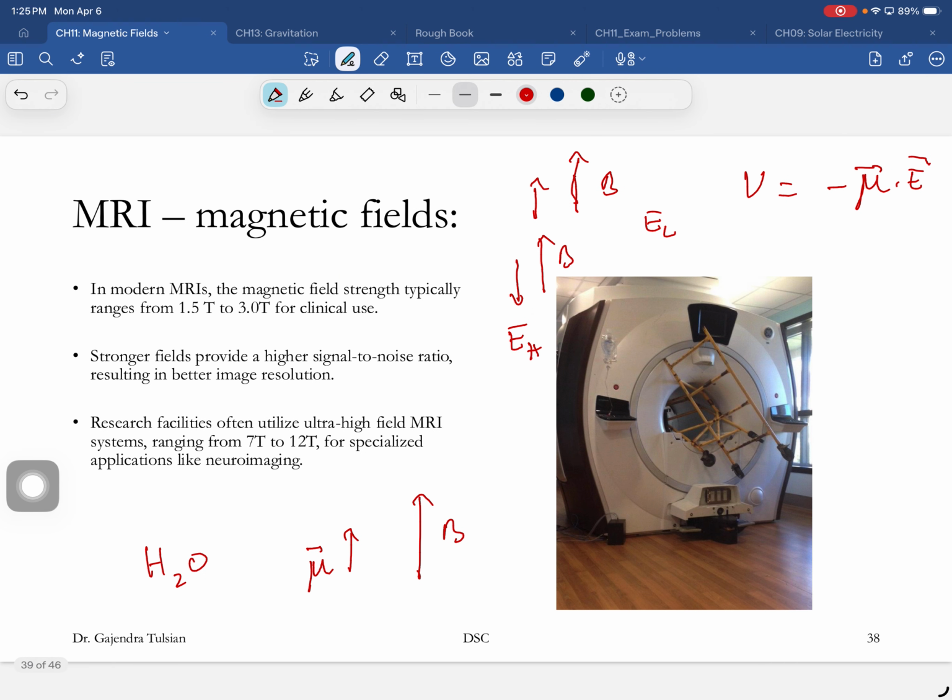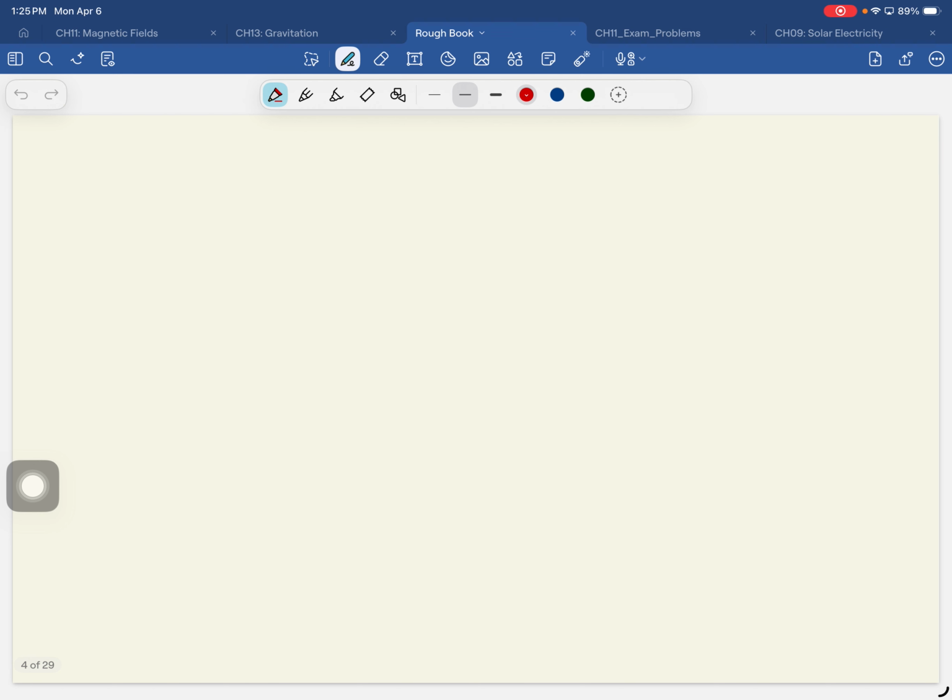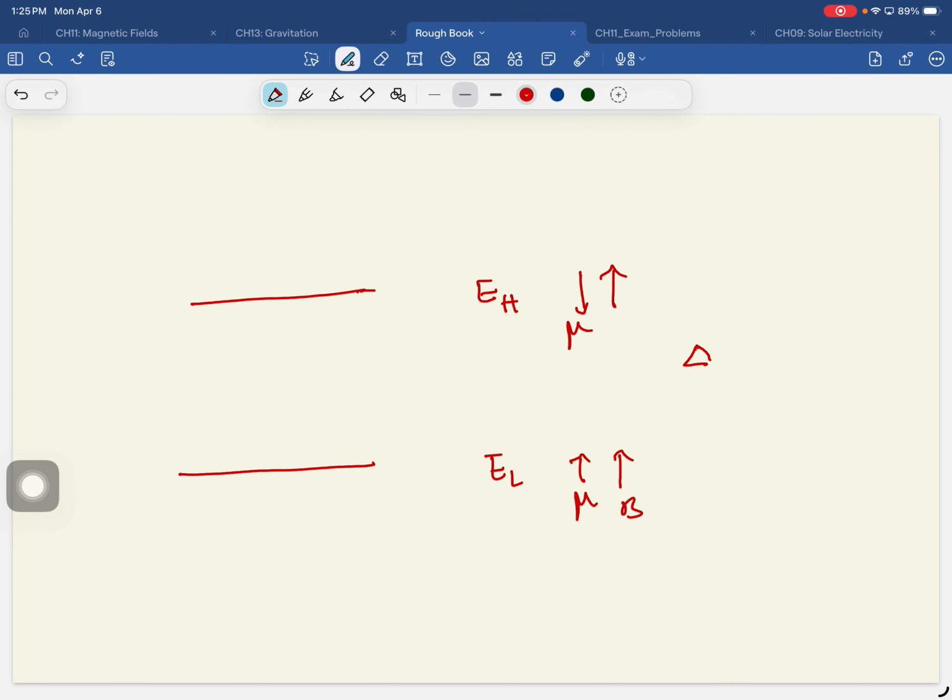So here is the technology. This is the low energy configuration, where the magnetic moment is parallel to the magnetic field, and this is the high energy configuration, where the magnetic moment is anti-parallel to the magnetic field.